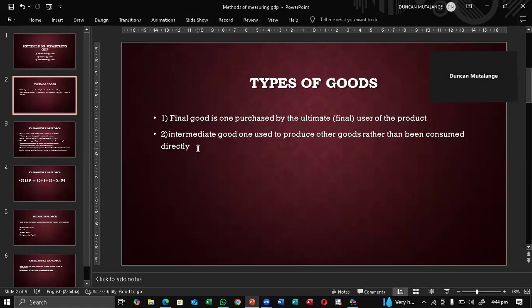So final goods and intermediate goods are simply goods, but for what purpose are you purchasing them? If you're purchasing it for consumption, you call that a final good. But if you're purchasing it to use as an ingredient, we call that an intermediate good.